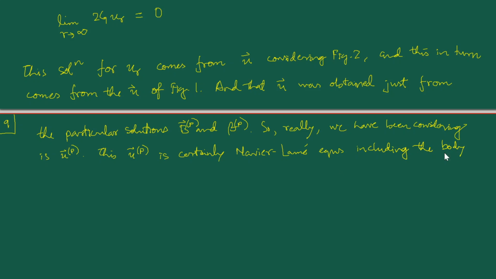Of course, for this Kelvin's problem, this body force is nothing but the P vector, the delta x vector minus xi vector. But whatever this form is, it does include the body force.